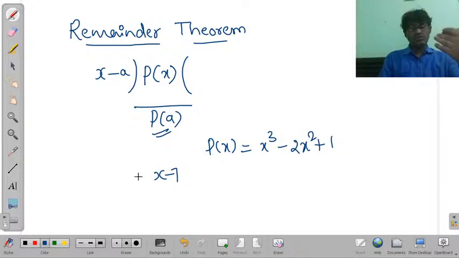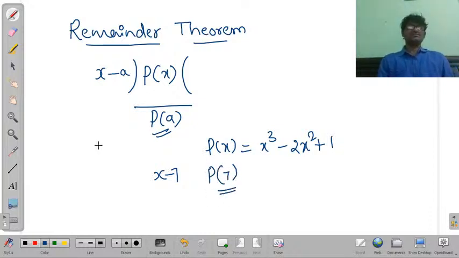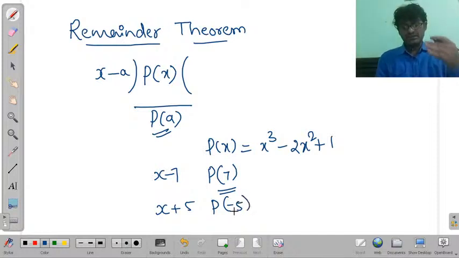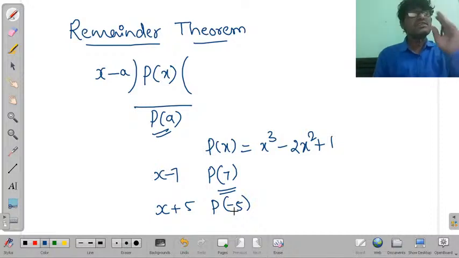If you want to find out the remainder, simply you find out p of 7. If you want to find out the remainder when this polynomial p of x is divided by x plus 5, then simply you find out p of negative 5. So like that we can find out the remainder without performing the division operation.